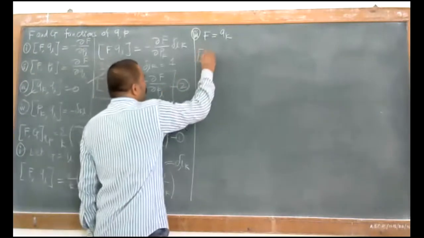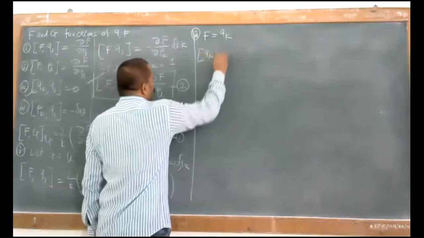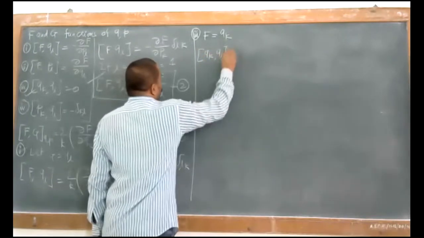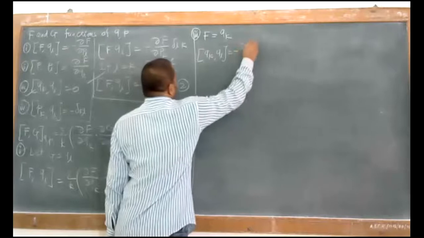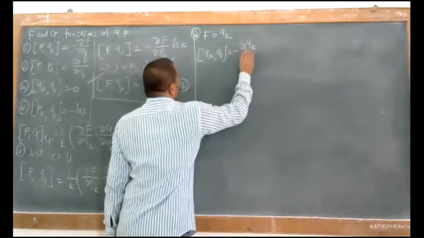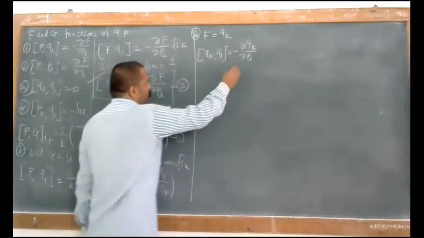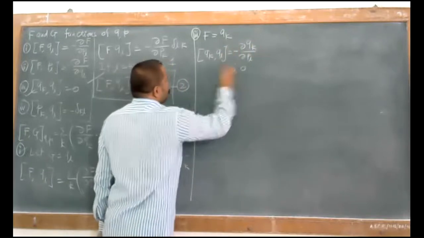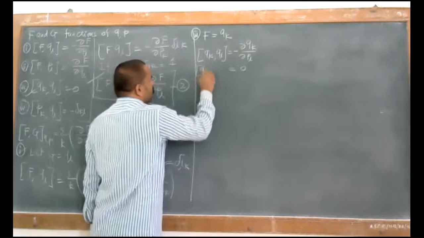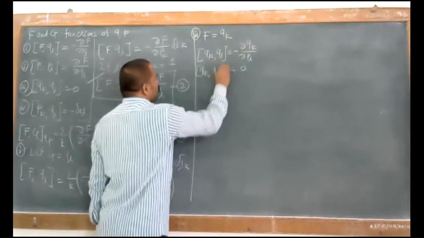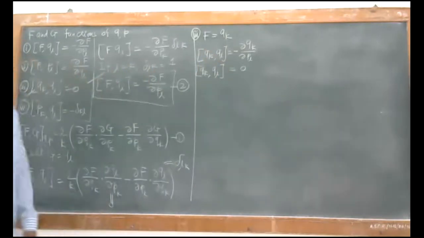So I can write that this Poisson bracket of qk, ql is equal to minus ∂f, which is nothing but qk, divided by ∂pl, and as this value with respect to pl, you can just say this is equal to 0. So you can have this, the Poisson bracket of qk, ql is equal to 0.